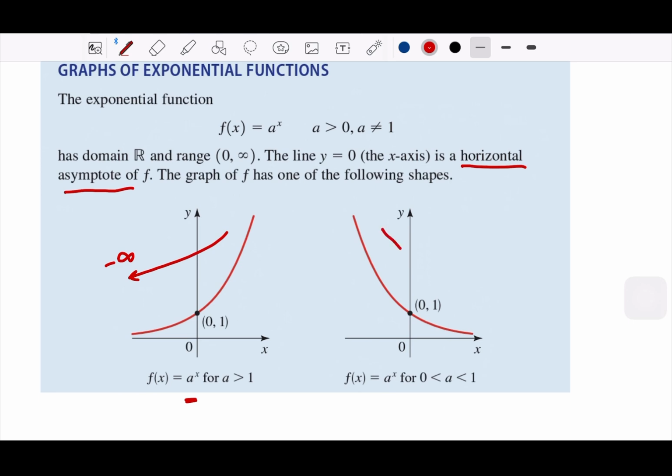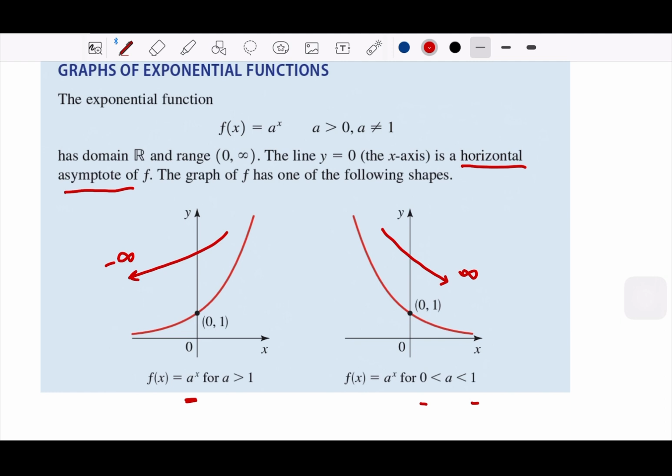And when we move x to the positive side, and a is from 0 to 1, it's again the reciprocal of the a, we could see that it's going to approach the same y equals 0.